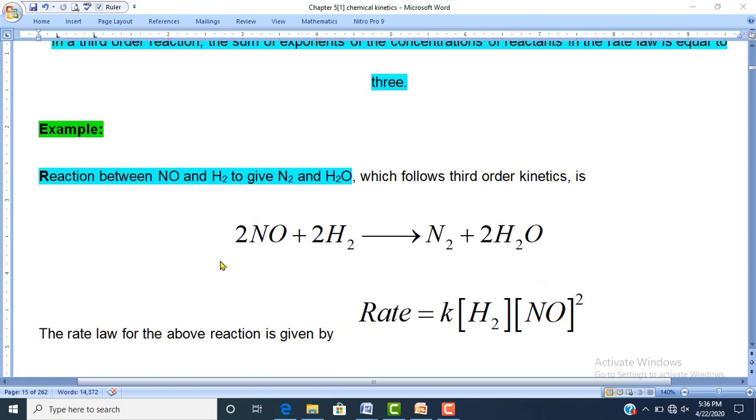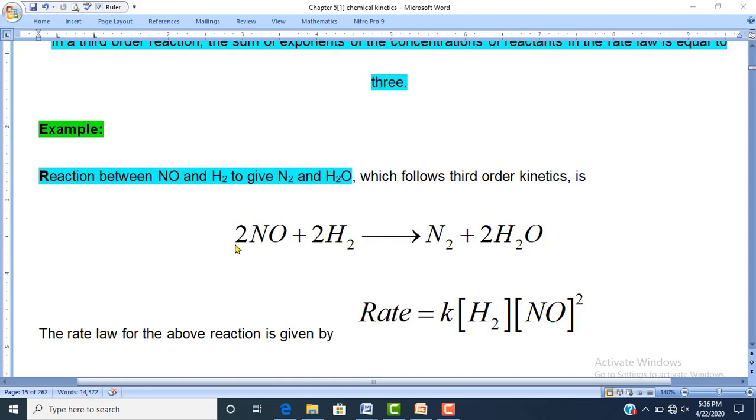Dear students, if you see this reaction, then according to stoichiometry, 2 moles of nitric oxide react with 2 moles of hydrogen, and 1 mole of nitrogen gas and 2 moles of water are produced.